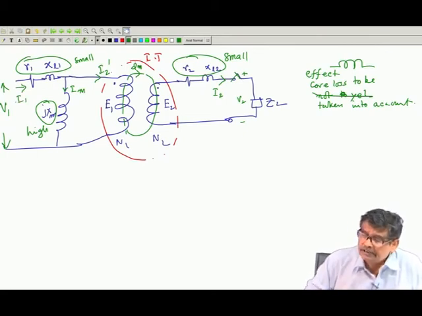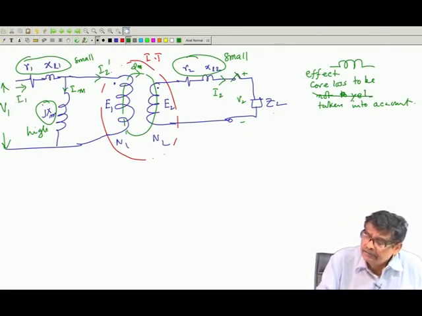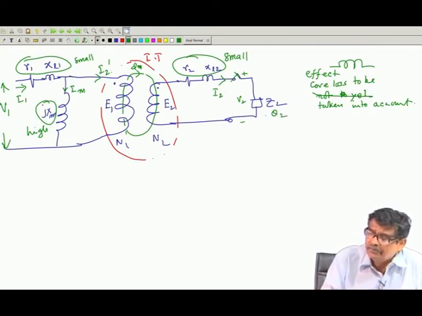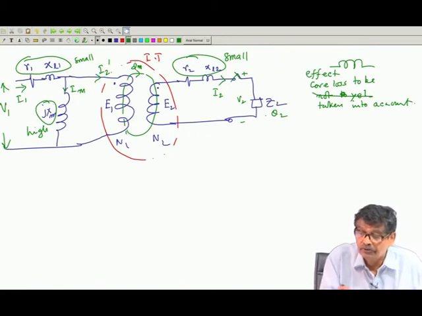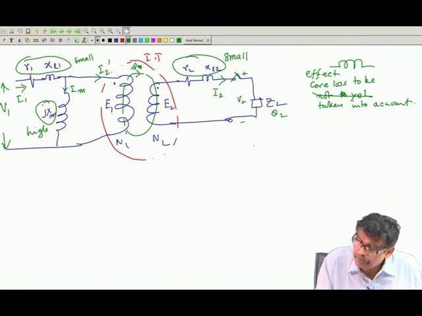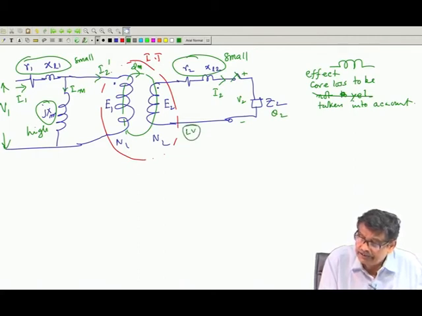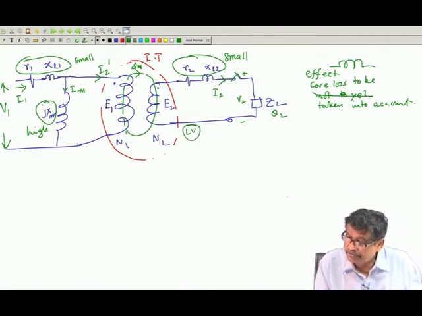How to draw the phasor diagram? Suppose the power factor is the same way; I will sketch it once. Let us start. Suppose you draw first, let us assume this is the LV side. So, V 2 is sketched first.